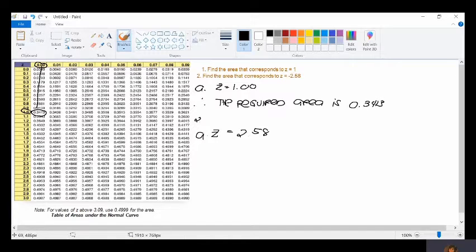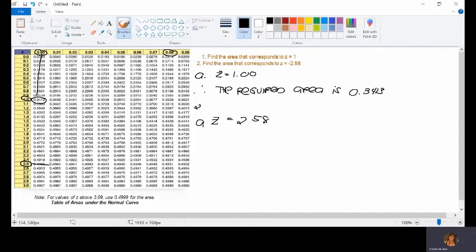So 2.5. So where it is here. Okay, and in our column, let's find 0.08. So here. And then read the area or probability at the intersection of the row 2.5 and the column 0.08.